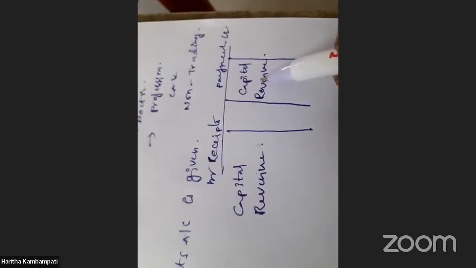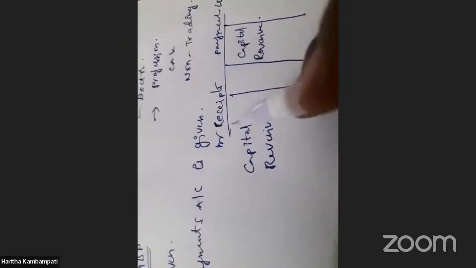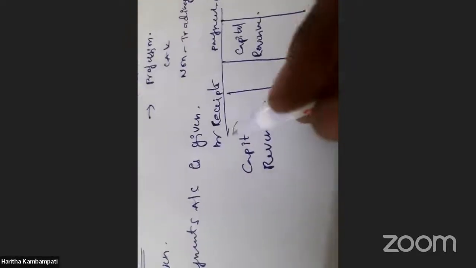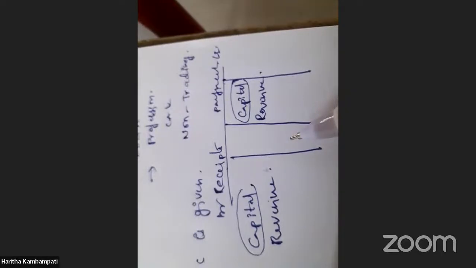While preparing the receipts and payments account, the Income Tax Act is not going to consider these capital receipts as well as capital payments while computing taxable income under the head PGBP.